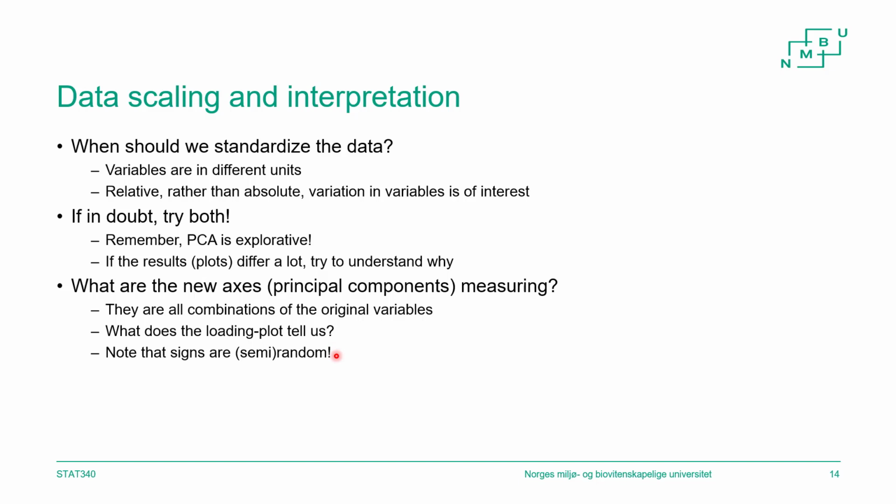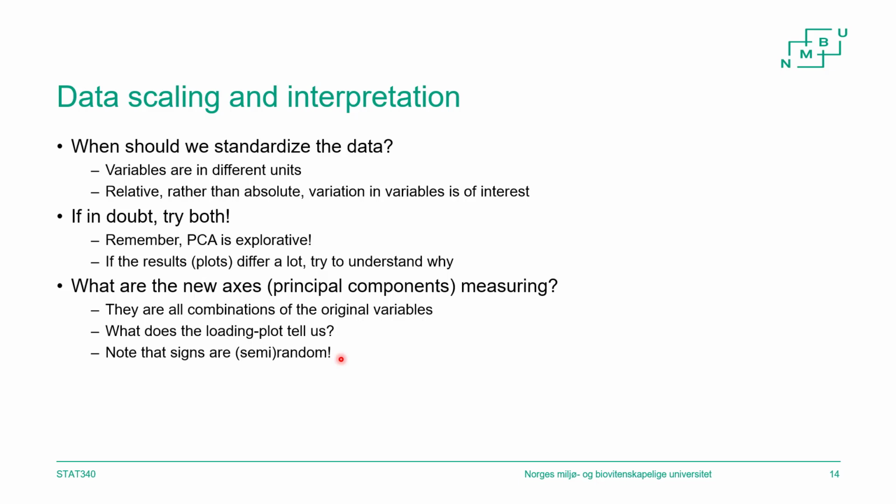You should also be aware that the signs, both in the score and the loading plot, I mean the signs of the principal components, are almost random. That's something you can experience sometimes. You make a PCA plot and a principal component analysis, and you plot your data, and then say you remove a couple of rows from the data set, perhaps because there were outliers or for some other reason.